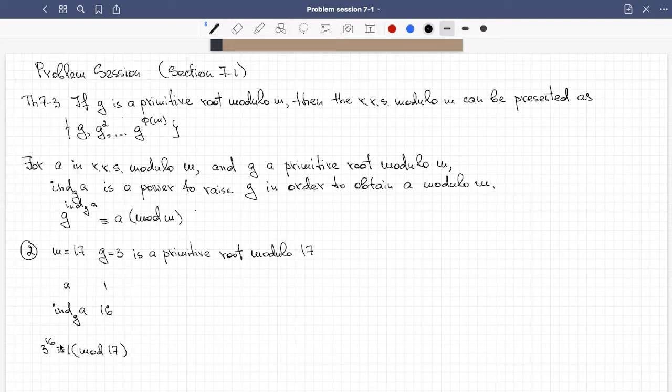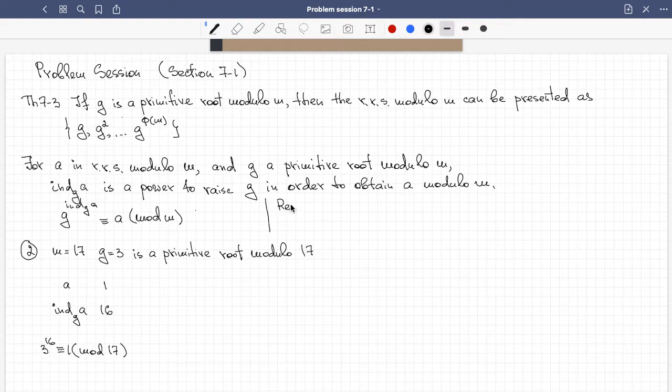So, by the way, is the index really defined as a number? Let me make a remark. Index is not defined uniquely as a number.